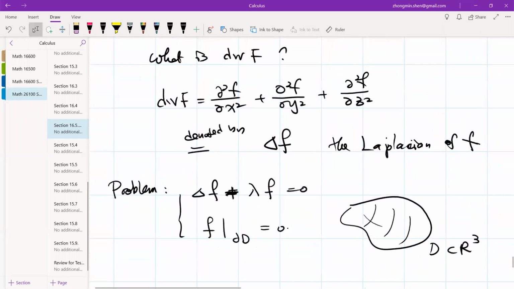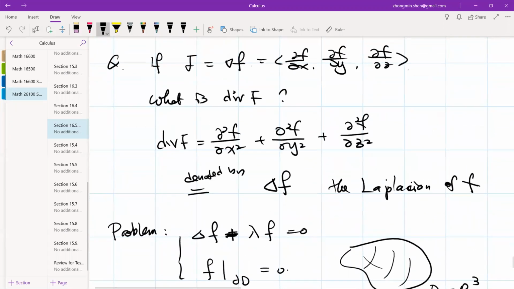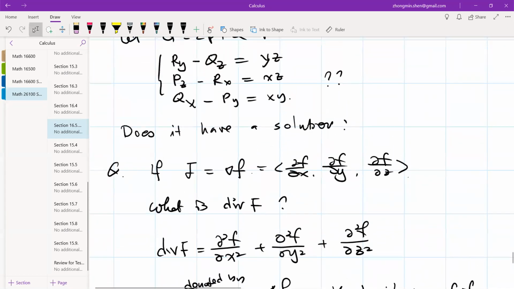But the divergence of a vector field, so we have two types. Let's summarize. All right. If the vector field comes from the curl of another vector field, then its divergence must be 0.